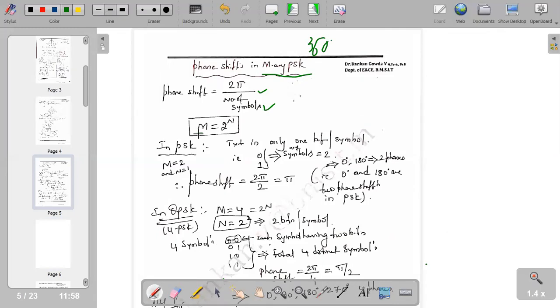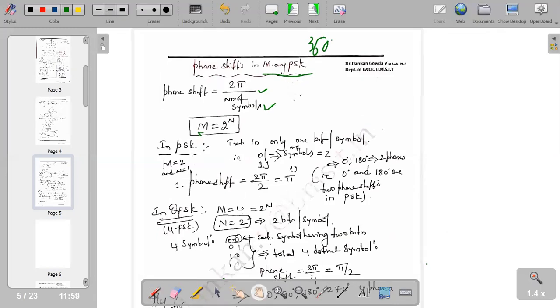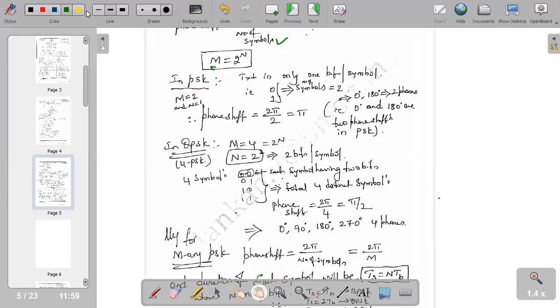It is M. So in case of PSK modulation, that is BPSK, the number of symbols used is 2, therefore the phase shift is equal to 2 pi by 2, so that is 180 degrees. So the total phase shifts in case of a BPSK system are 0 degree and 180 degree.